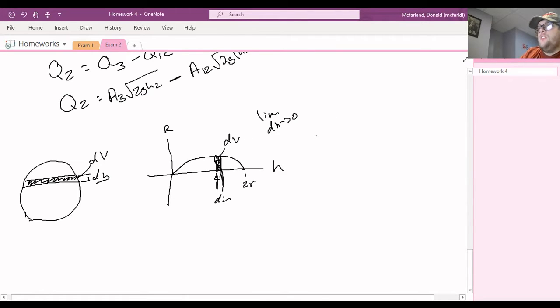So the volume is just equal to pi the radius squared, the area of the circle, multiplied by dH, mimicking the equation for a cylinder.